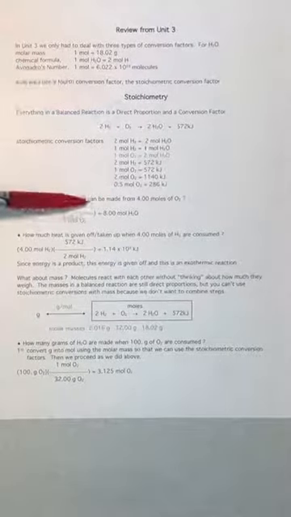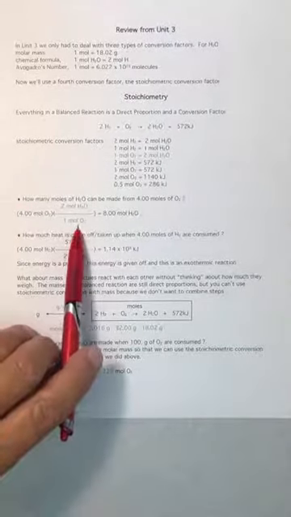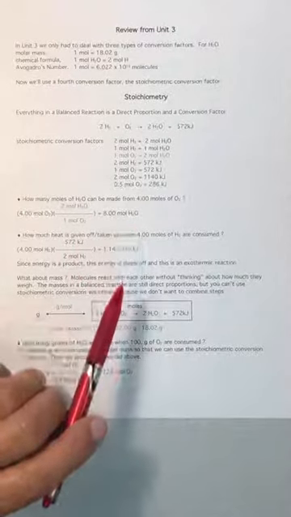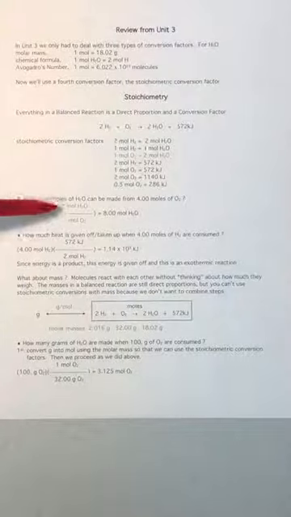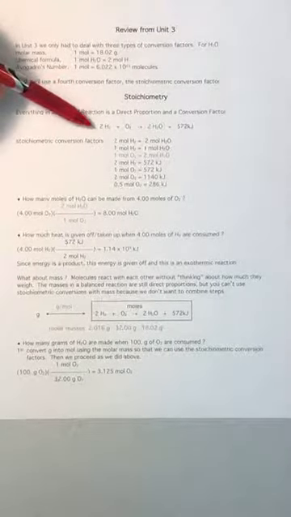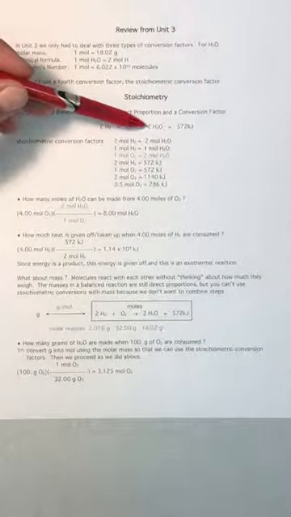That defines what has to go in here. I have to have moles of oxygen to cancel out, and I have to have moles of water to keep moles of water in my answer. So where do I get the numbers for this? Right from the balanced chemical reaction. There's a 2 in front of the water, a 1 in front of the oxygen.